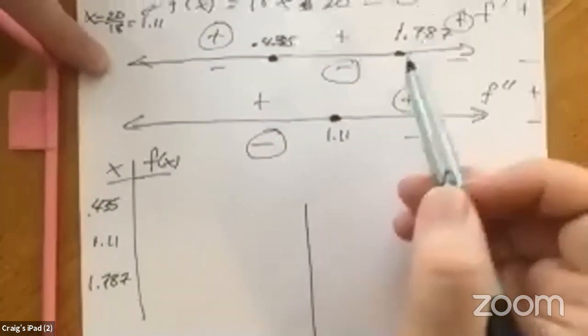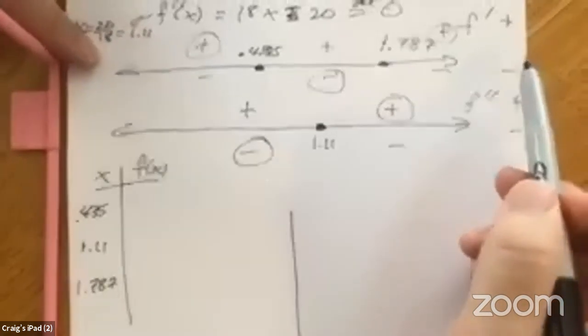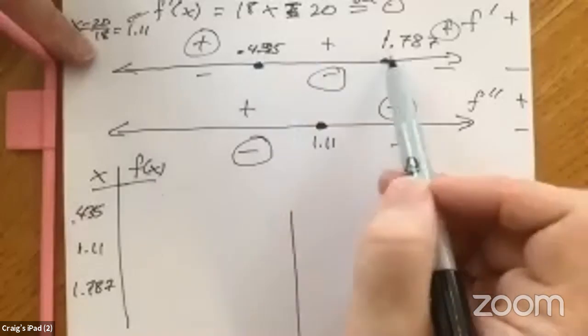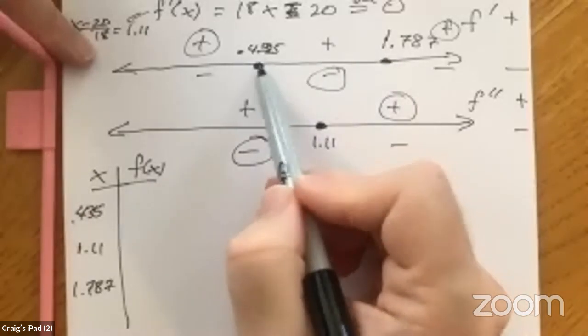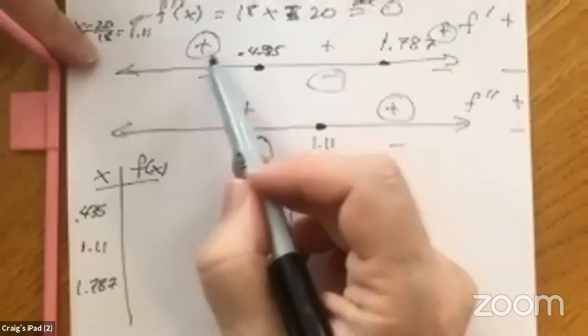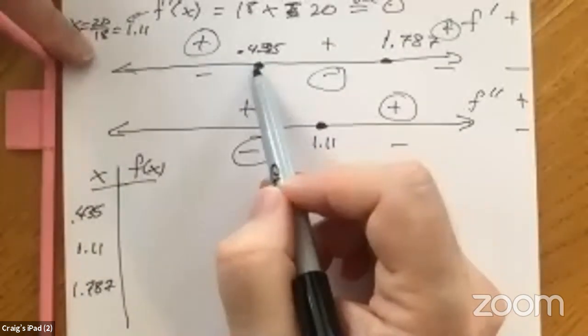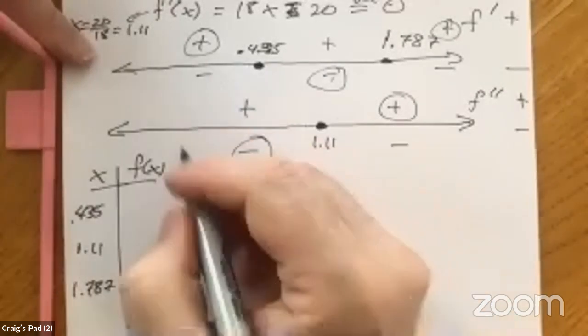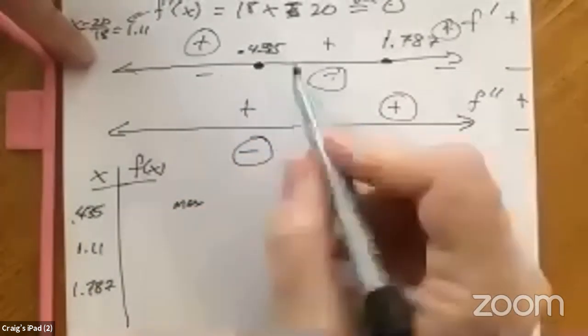These important places where the derivative is 0 are possible places where I have a max or a min. In this case, I'm going to get a max. The first derivative test says that it's increasing here, then it's flat, then decreasing, which means that it must be where a max occurs, a relative max.